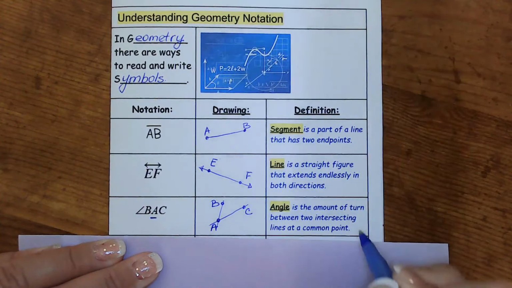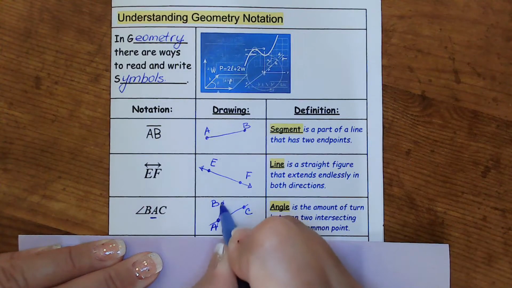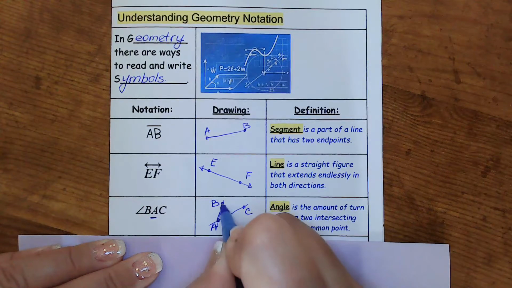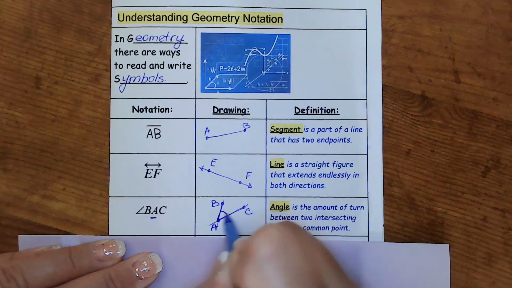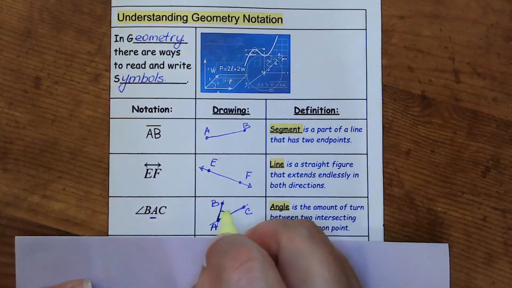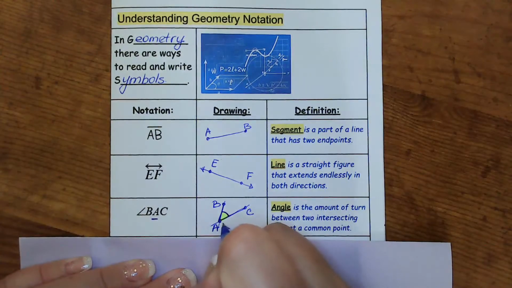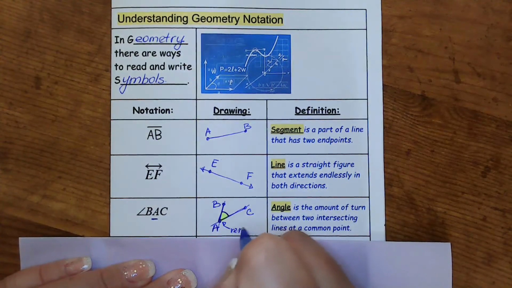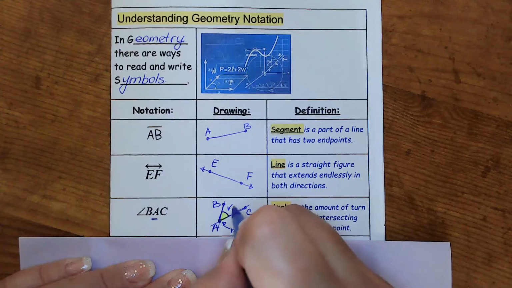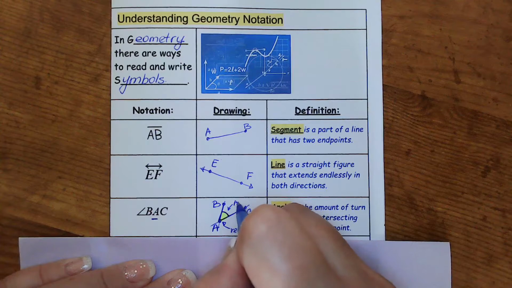The angle is the amount of turn, in other words, this opening between these two segments, BA and AC, intersecting. So BAC is the angle created at the opening where A is called the vertex, and the amount of opening or the turn between the two intersecting lines or segments is called the angle.